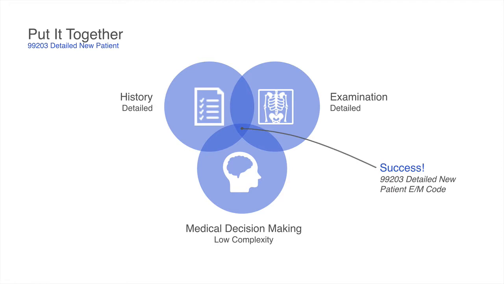You have an examination which is considered detailed, and again go back to the previous video and look at those requirements. And then medical decision making of low complexity. And you put all these 3 together and we have success: 99203 detailed new patient evaluation and management code.